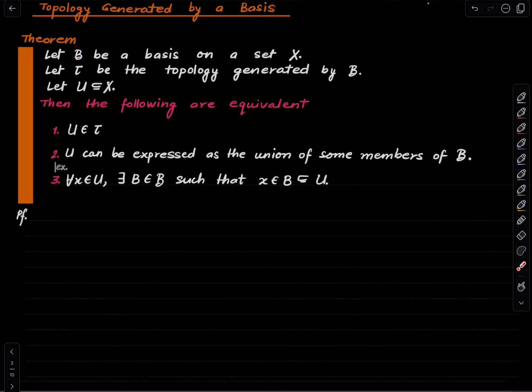Okay, so let's prove this. So proof of 1 implies 2, or proof that, let me define something and then I'll say.